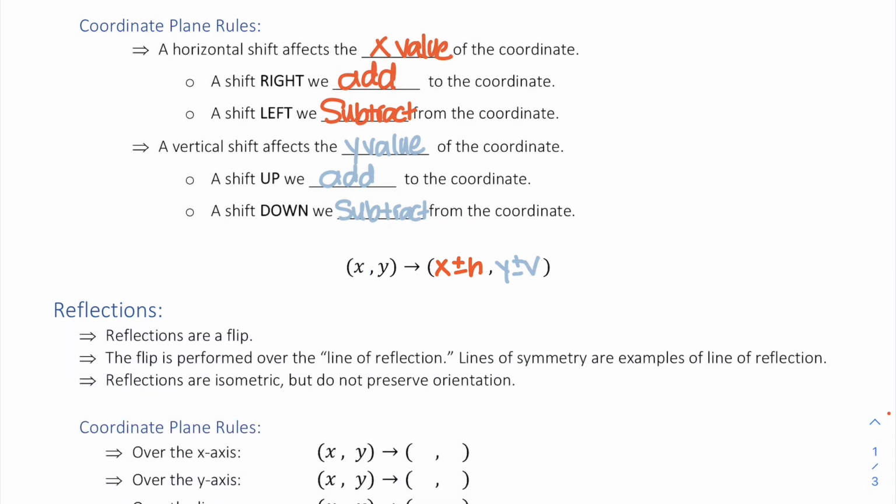So the h represents my horizontal value, where we're adding or subtracting, moving left and right. The v is going to represent our vertical, where we add or subtract. Okay, that one's pretty easy. This should be all a review in terms of the translations.